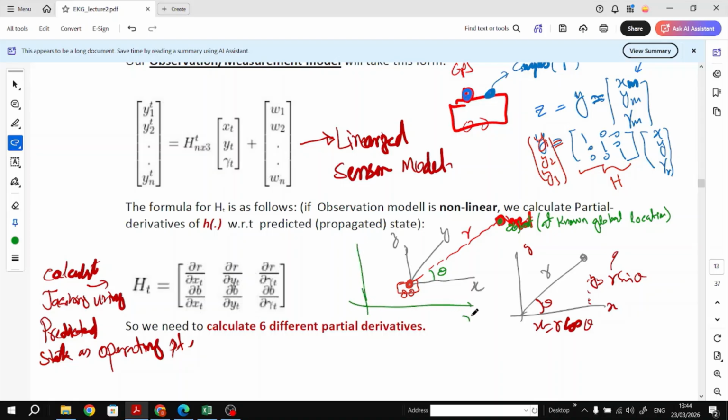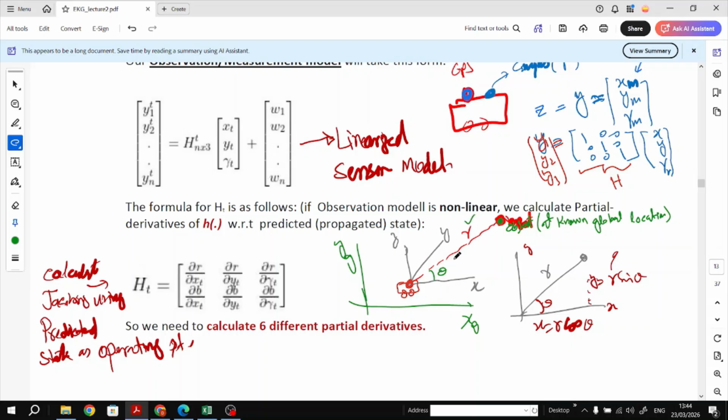Let's say this is your global frame xg, yg, and this is your local frame, and in the local frame you observe this target at a known location. What does it mean that you observe this target? You are getting two measurements.